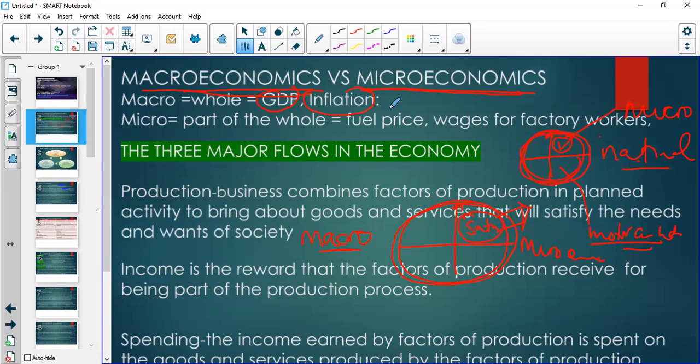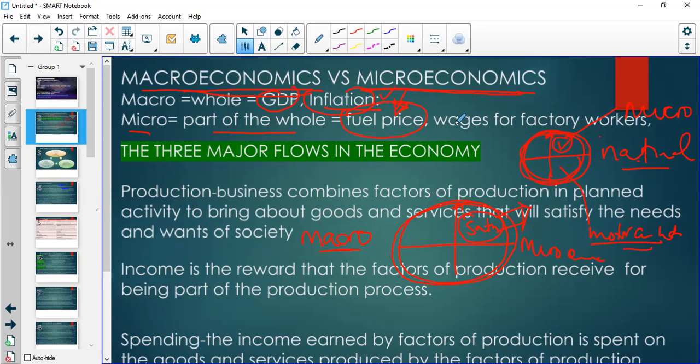Then within that economy, we're going to have parts of the whole economy, like the fuel prices. If we talk of the rise of the fuel prices, we're not talking of inflation, because inflation is the general rise in the price of goods and services in the whole of South Africa, not just one good. So if there's a rise in the fuel price, that's just fuel price. But if it is a rise in the general economy, then that's going to be inflation.